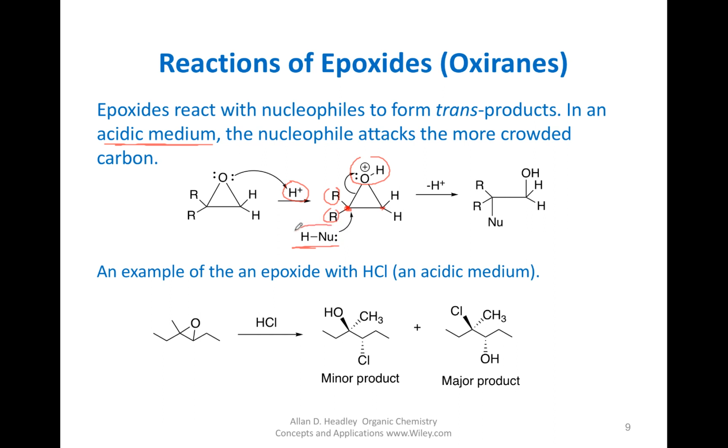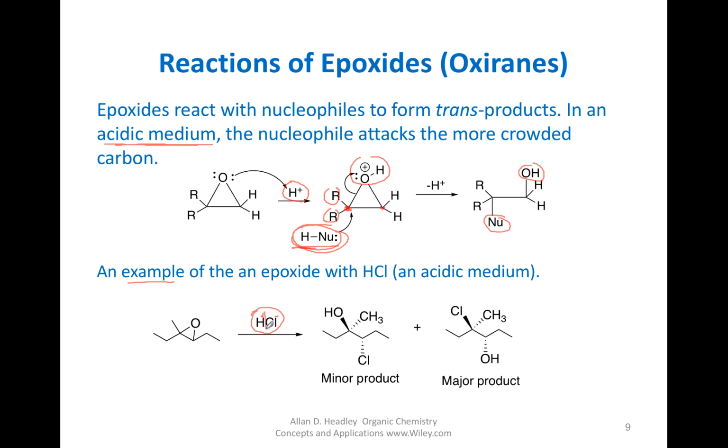So this nucleophile, which is now neutral in an acidic medium, will attack the more crowded carbon to produce here the trans product. As an example, here is an epoxide, which you can make, of course, from MCPBA, but in the presence of HCl, which is really H plus and Cl minus.